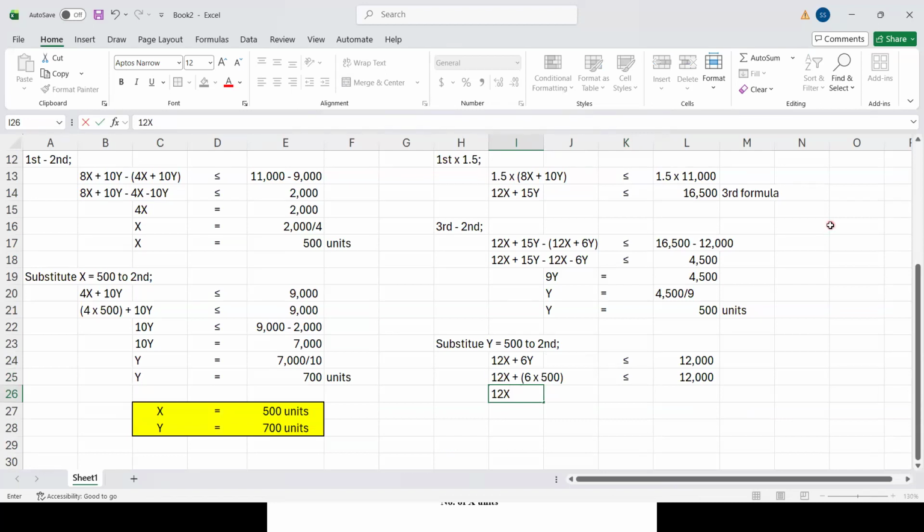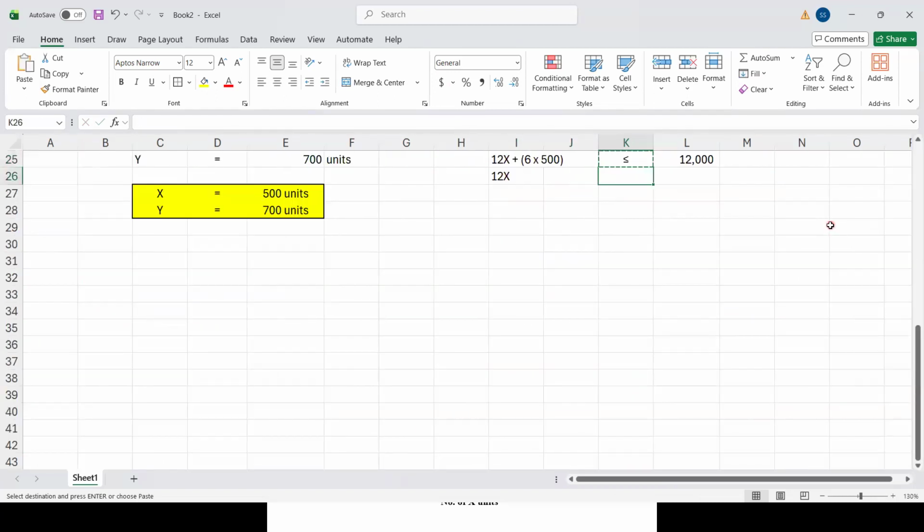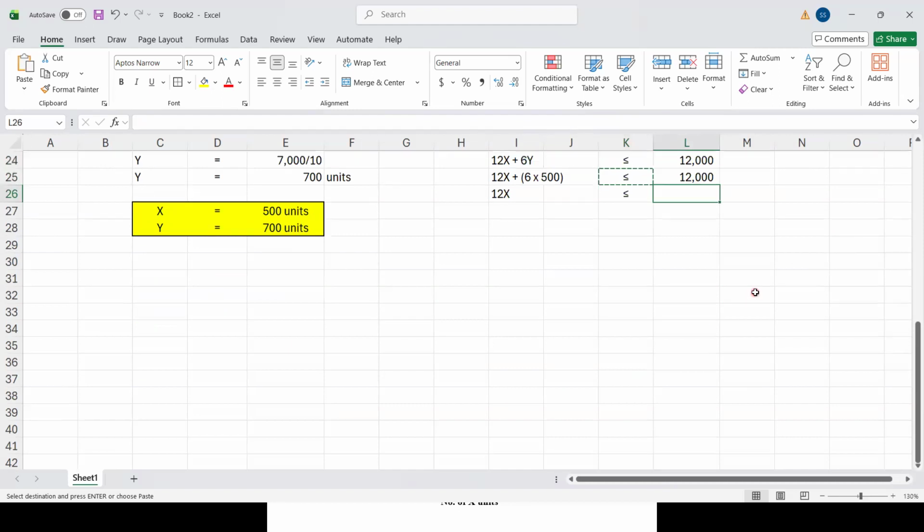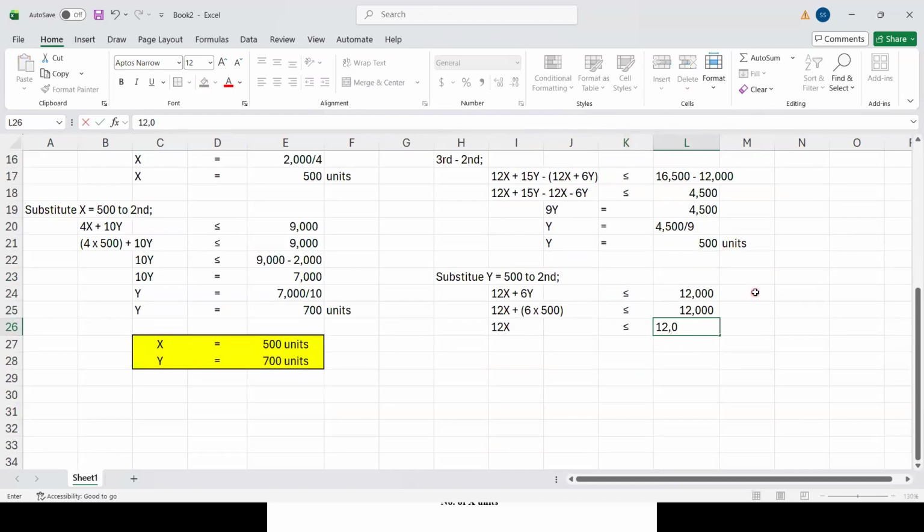So 12x equal how much? 12x equal or less than 12,000 minus 3,000. Then x equal, that is 9,000 divided by 12.